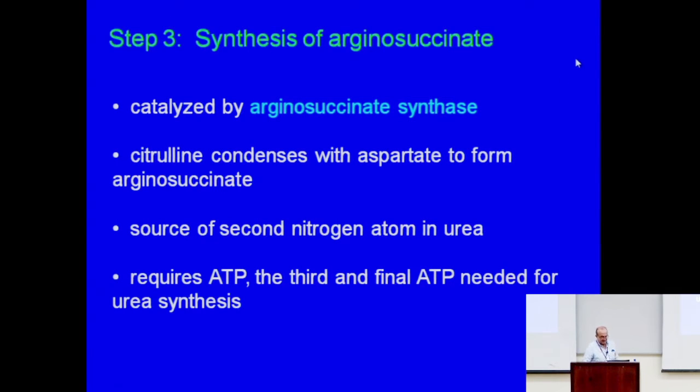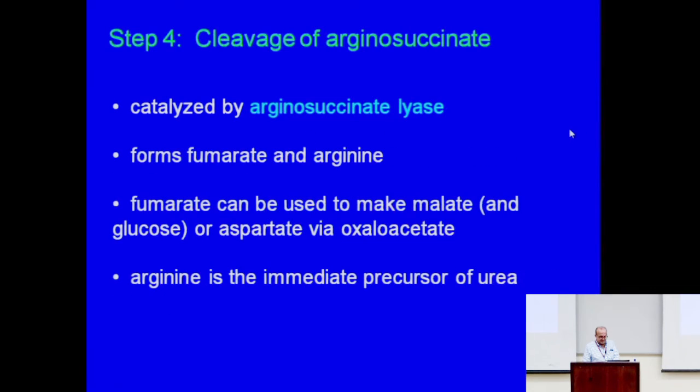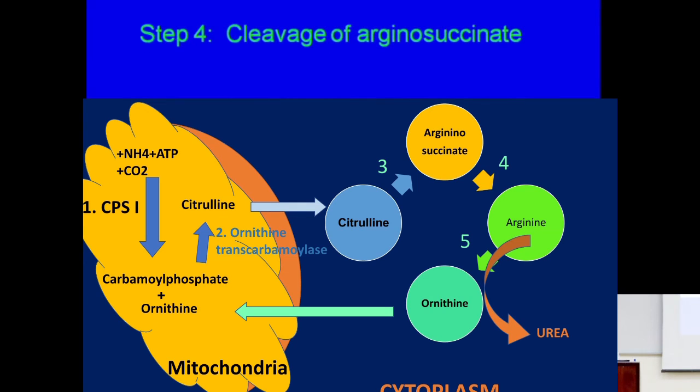In the cytoplasm, citrulline will be condensed with aspartate to get the second nitrogen from aspartate, and that will form argininosuccinate, and the enzyme that makes it is argininosuccinate synthase. Then argininosuccinate lyase breaks that molecule to give you arginine and fumarate.